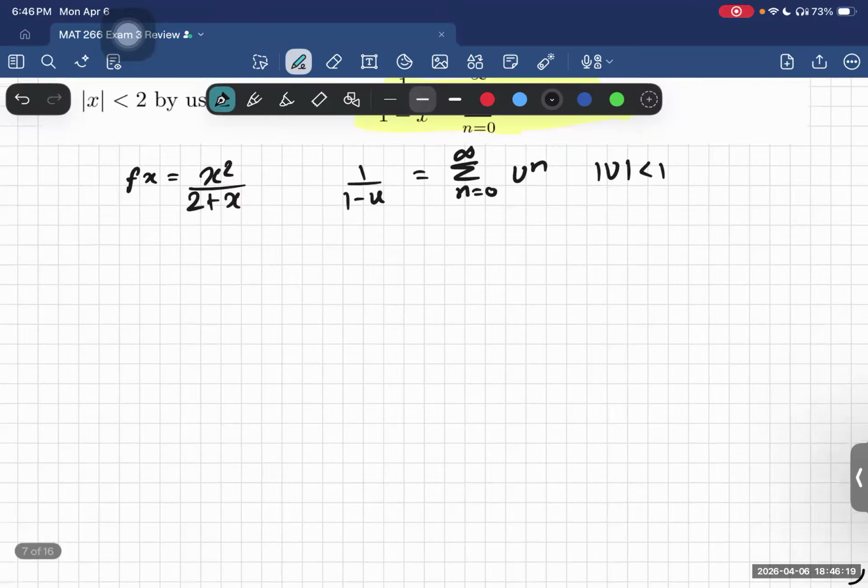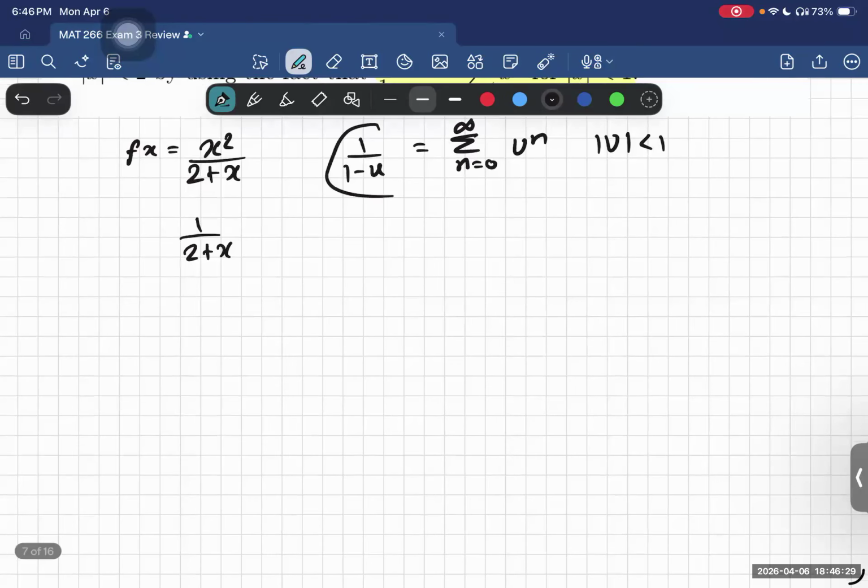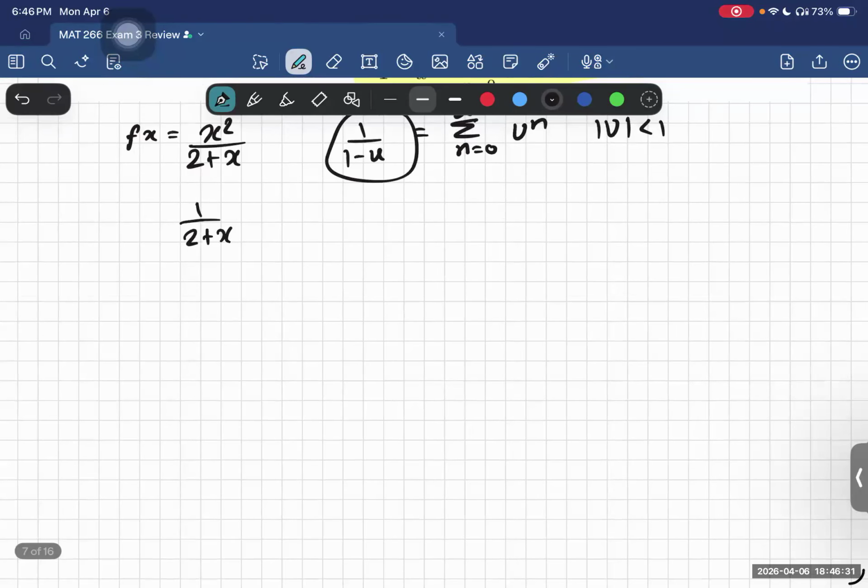So let's write it in the given form. We will have 1 over 2 plus x, and I'm trying to write it in a general format like this, equal to 1 by 2 times 1 by 1 plus x by 2. I just took 1 by 2 common out.